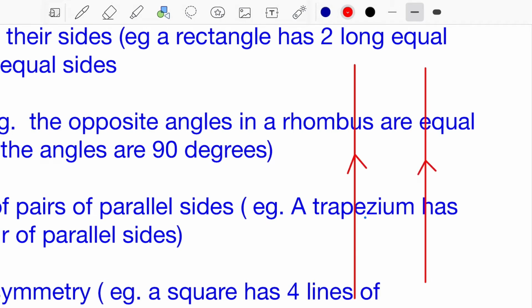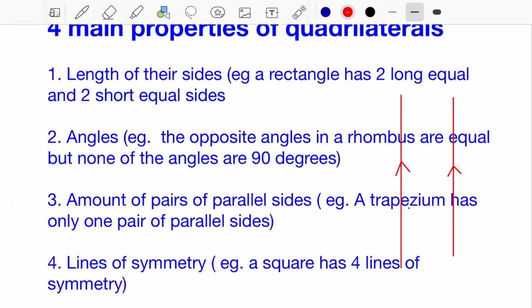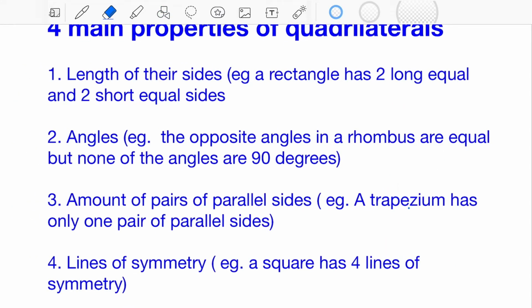We can use arrows to show the direction of the parallel lines. So normally a quadrilateral will have either 0 pairs of parallel sides, 1 pair of parallel sides, or 2 pairs. Remember, 2 pairs are 4, and the most a quadrilateral can have is 4 sides. So 2 pairs would be the maximum and 0 the minimum.